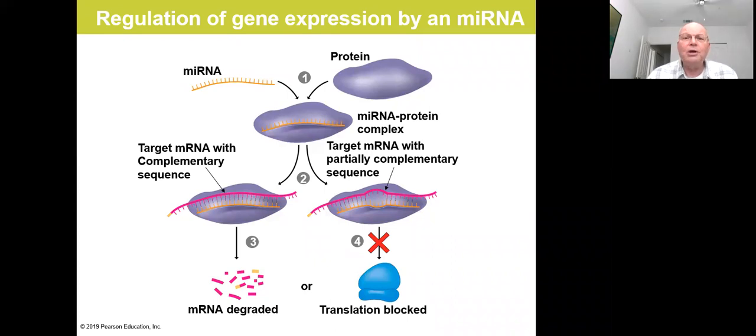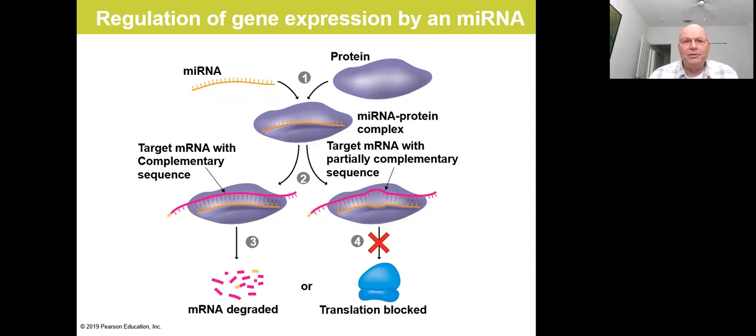If, however, it is only partially complementary to the messenger RNA, it won't trigger the breakdown of the messenger RNA, but it will block the ability of the ribosome to translate that messenger RNA. So that effectively shuts down translation anyway.